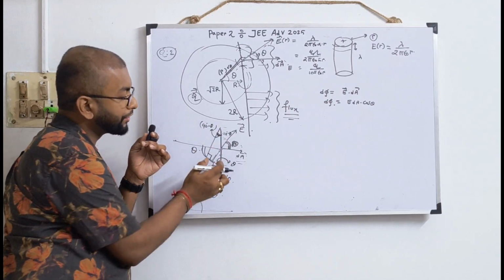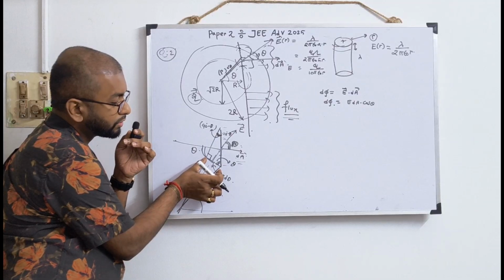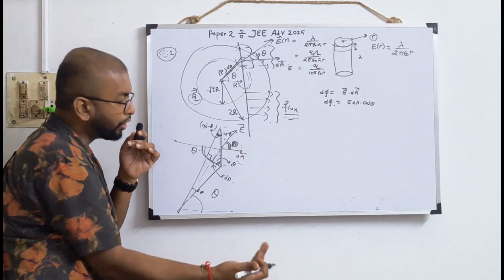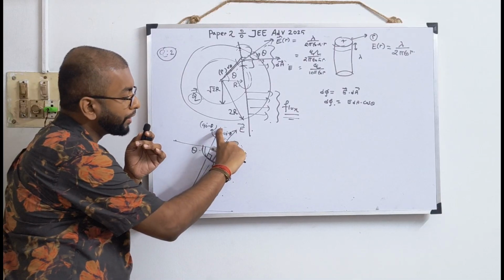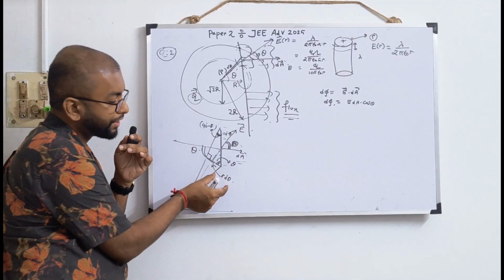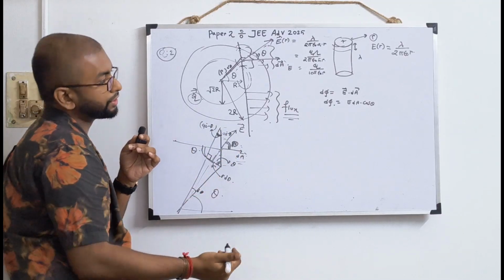So in this right angle triangle, the hypotenuse is what we have to find, and this is r d theta. So what is the value of the hypotenuse? R d theta by cos theta. Or you can say that the component of the hypotenuse in this direction is r d theta, so the hypotenuse value is r d theta by cos theta.